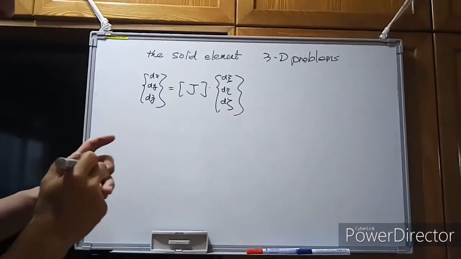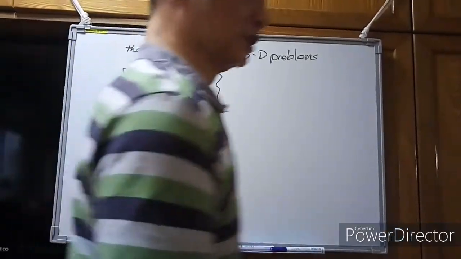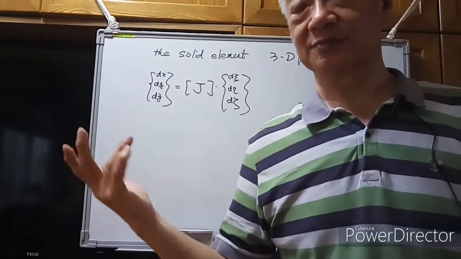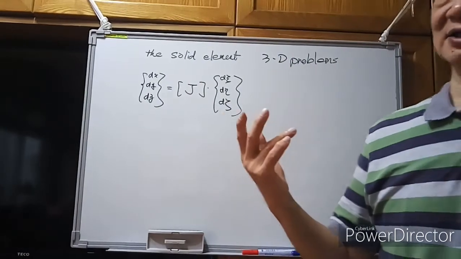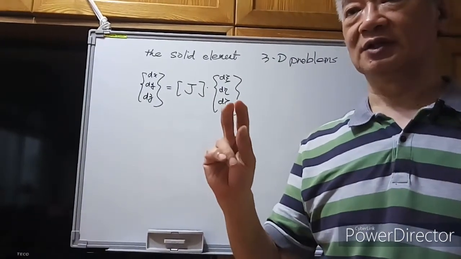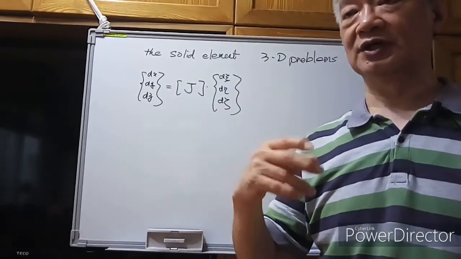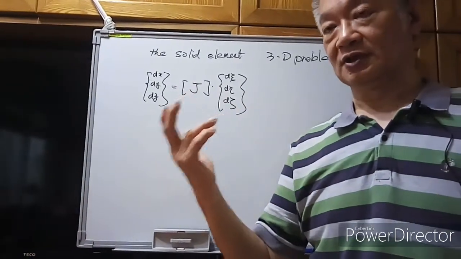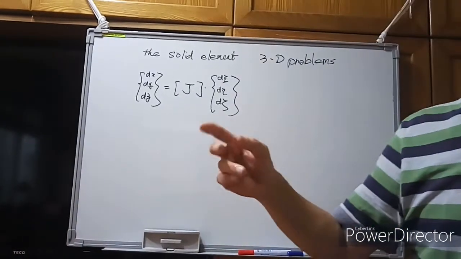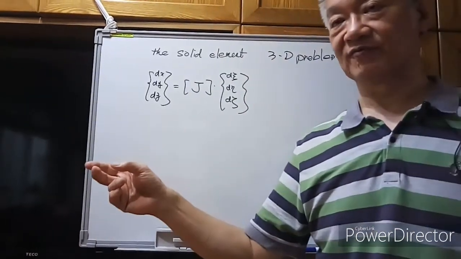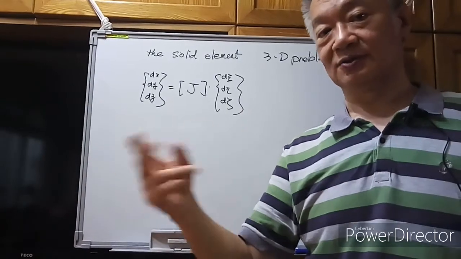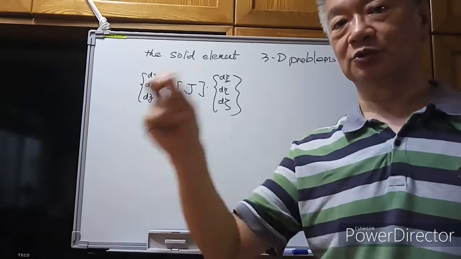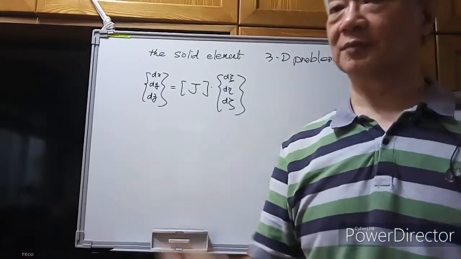You can say the formulas in the previous page define the point to point mapping. The three formulas, x equal to summation xi times phi, and the other two, can define the point to point geometric mapping.